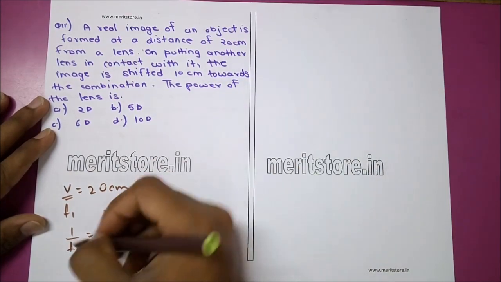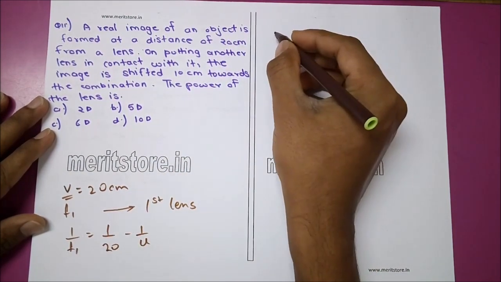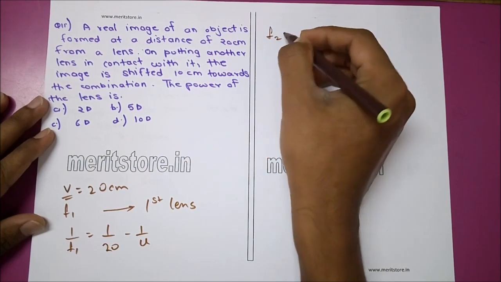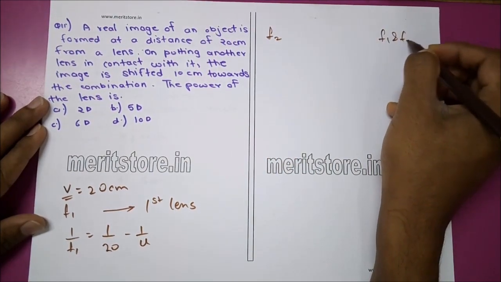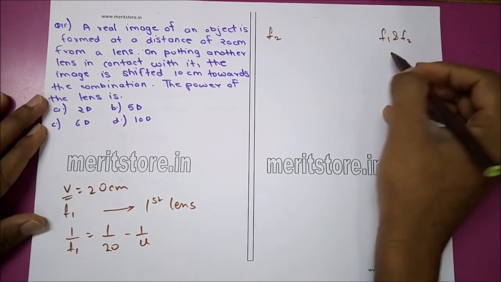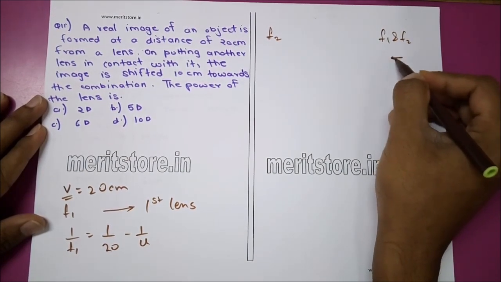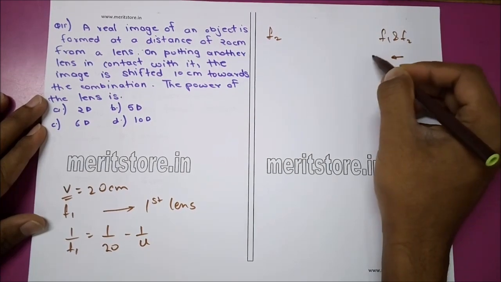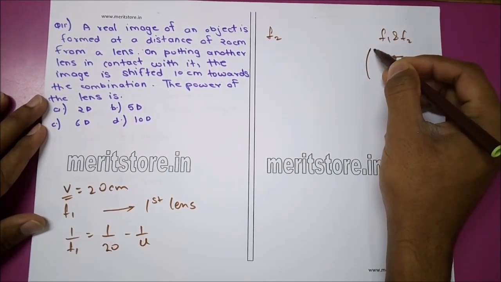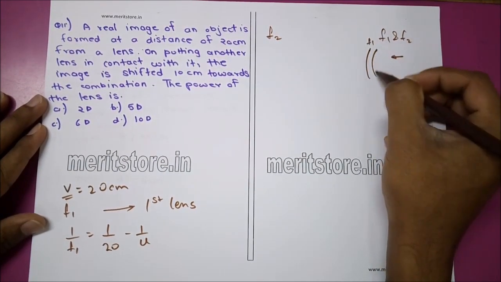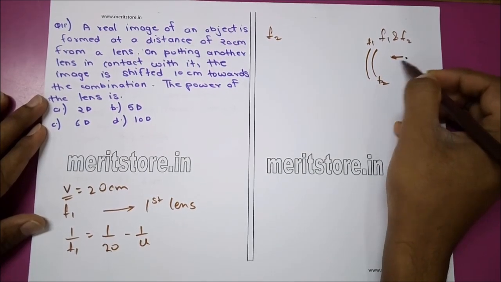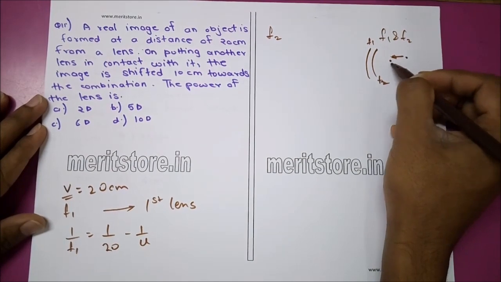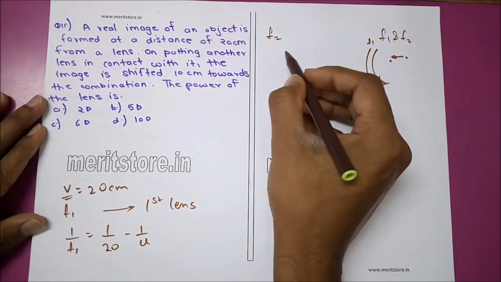Now when this first lens is combined with another lens of focal length f2, so f1 and f2 together they shift the image 10 centimeters towards the combination. So this is f1 and say this is f2. So the image which was over here is now shifted over here, so 10 centimeters towards the combination.